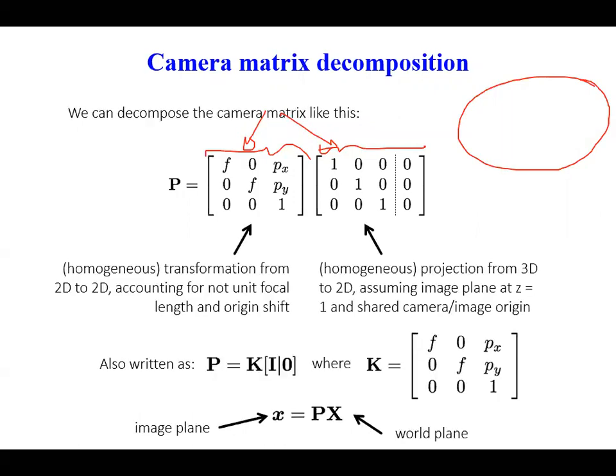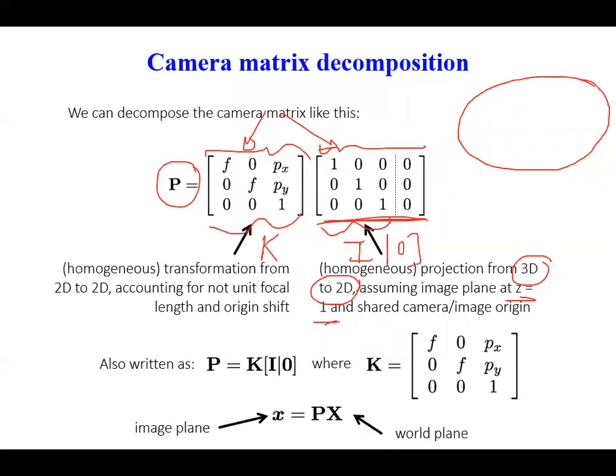The left one is just a homogeneous transformation from 2D to 2D. But the right one is the homogeneous projection from 3D to 2D, assuming, of course, that I have the image plane at z equal to 1. So now I can write this P as K, and then this is the identity matrix I, and this is just column 0.